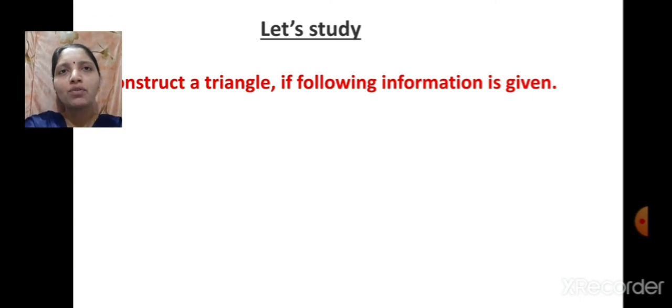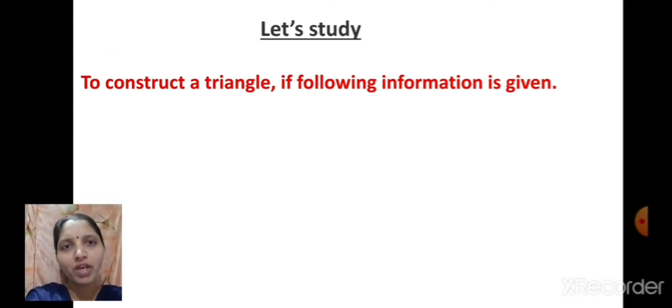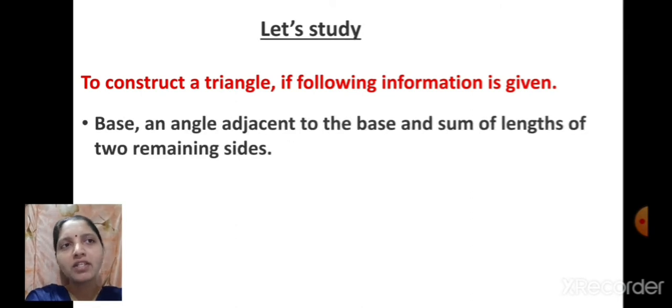First we are going to see the topics which we are going to learn in this lesson. You are going to learn how to construct a triangle if the following information is given. The first condition is if you know the base, the adjacent angle to the base, and the sum of lengths of the two remaining sides.